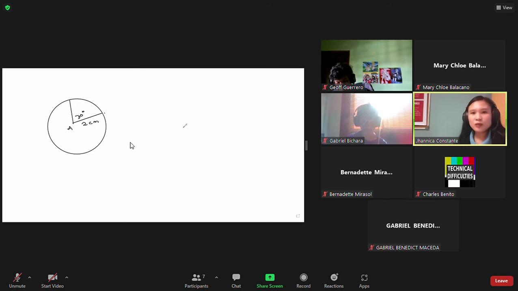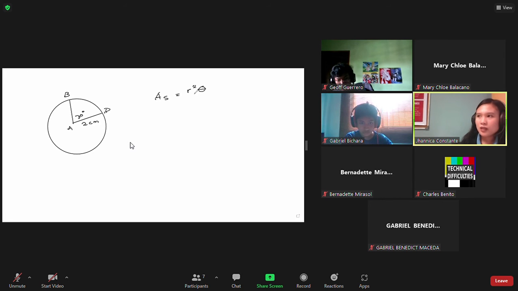So we need to find the area of sector of our circle. Since the given is a central angle and a radius, we're going to use area of sector equals r squared times the angle divided by 2.